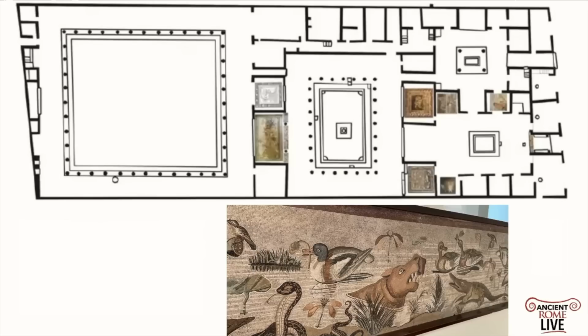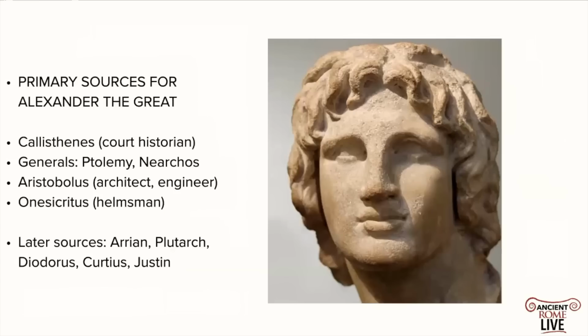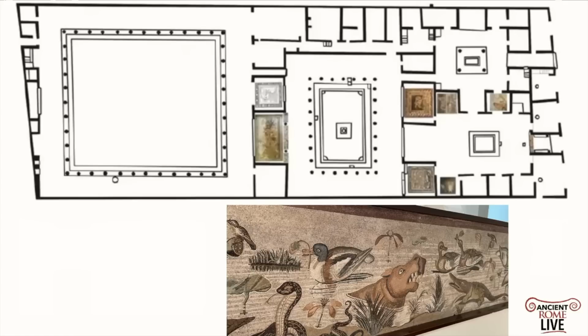I just saw a scholar, as early as maybe this year or last year, suggest that if we're looking at sources and names and authorship, Ptolemy is a good one because of the connection with a lot of the Alexandrian motifs that are put in the House of the Faun at the same time as the mosaic.